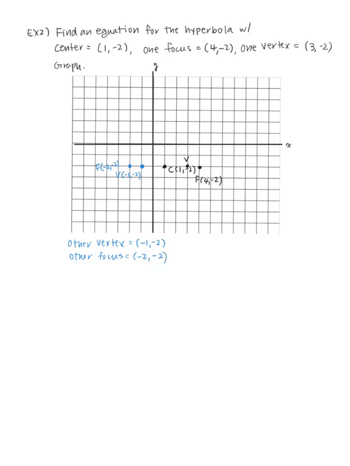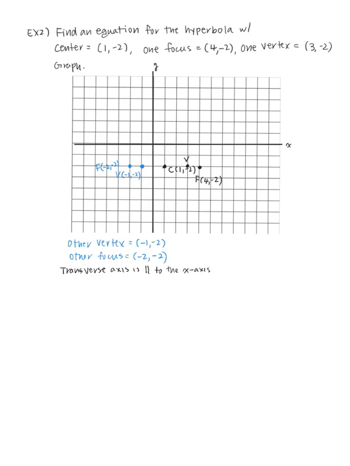So it looks like our transverse axis is going to be parallel to the x-axis. So let me just write that out. This notation means parallel. The transverse axis is parallel to the x-axis.